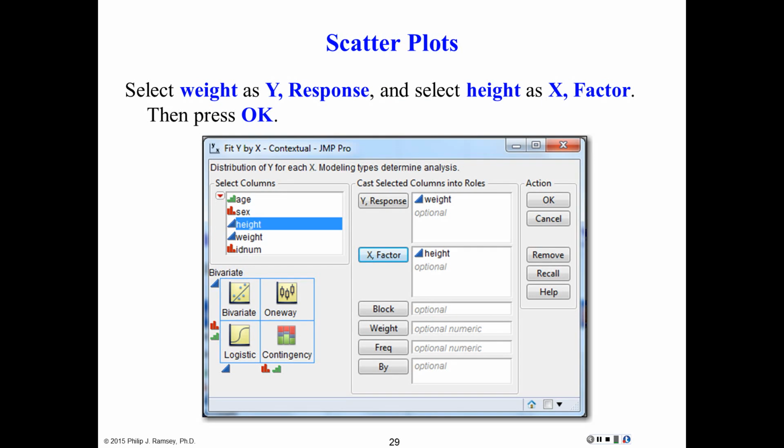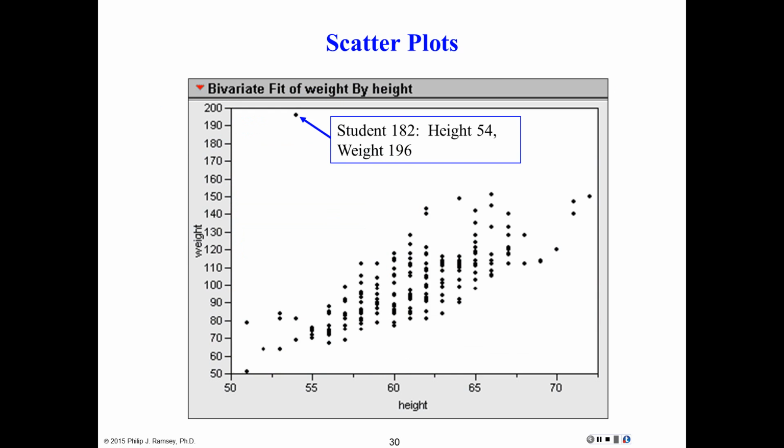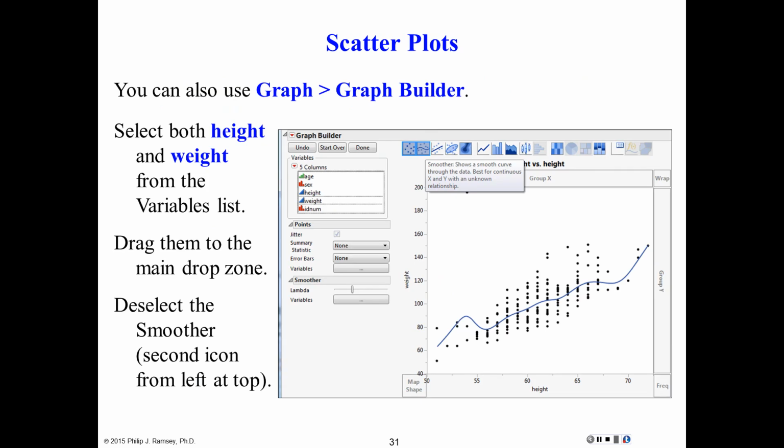Fit Y by X is a platform you use when you want to compare two columns to each other. Distribution is one column at a time, and Fit Y by X looks at two variables or columns at a time.